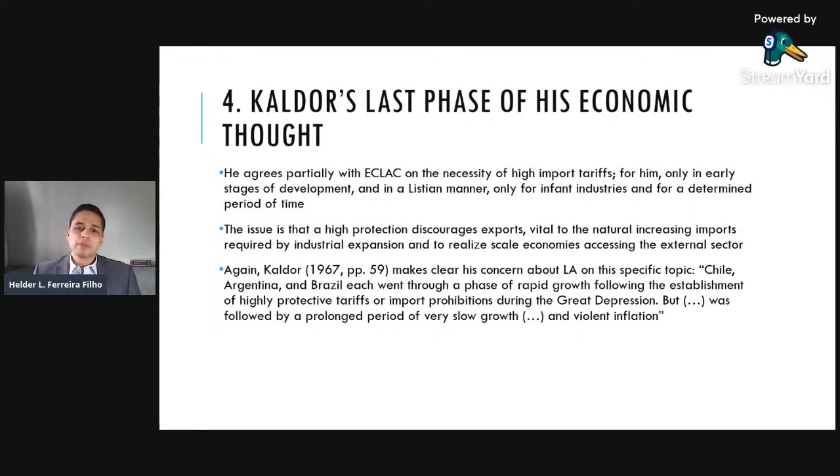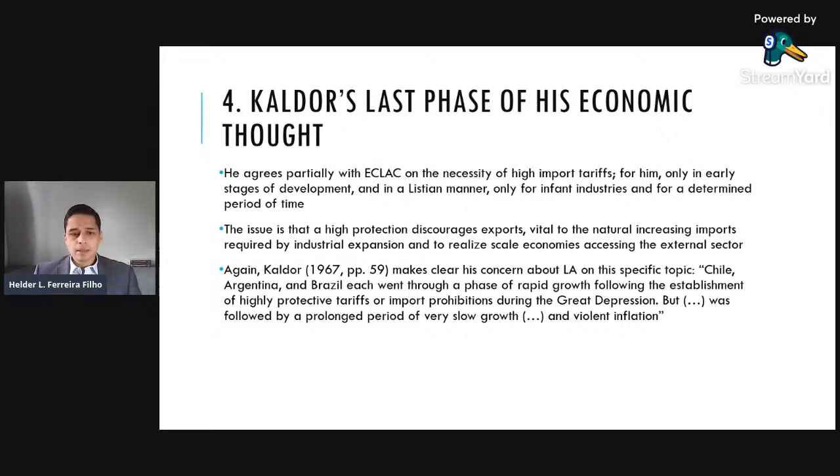Calder agrees partially with ECLAC on the necessity of high import tariffs, but for him only in special moments, in special stages of development, and in a Listian manner, because he defends them only for infant industries and for a determined period of time, because of his focus on exports. Discouraging exports would be a negative for economic development.